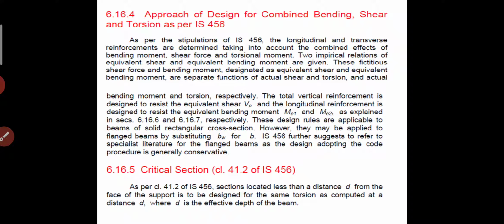The total vertical reinforcement is designed to resist the equivalent shear, which is denoted by VE. Here E means equivalent and V denotes shear. And the longitudinal reinforcement is designed to resist the equivalent bending moment, which we can take as ME1, ME2, as explained.